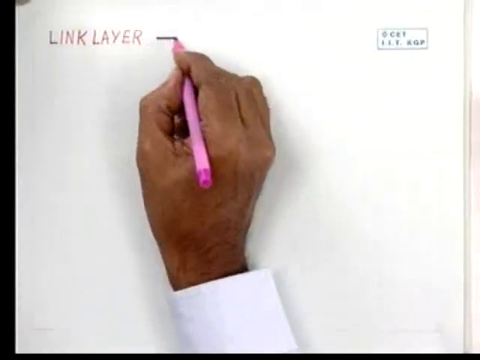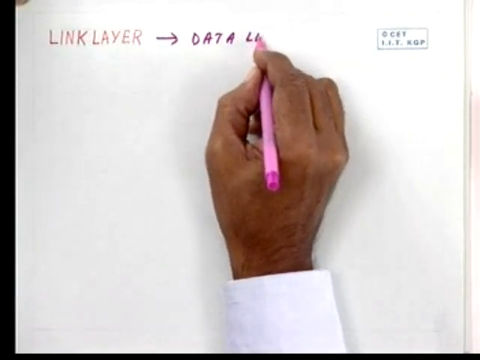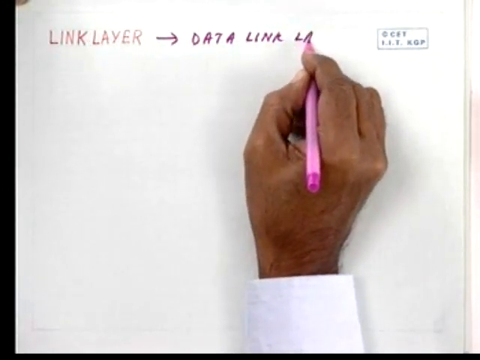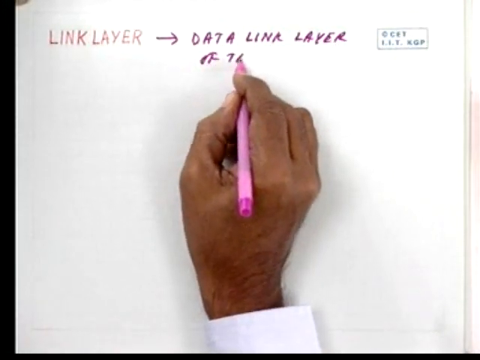Let us go to the second layer, which is known as the link layer. And the link layer, as you know, corresponds to the data link layer of the OSI model.